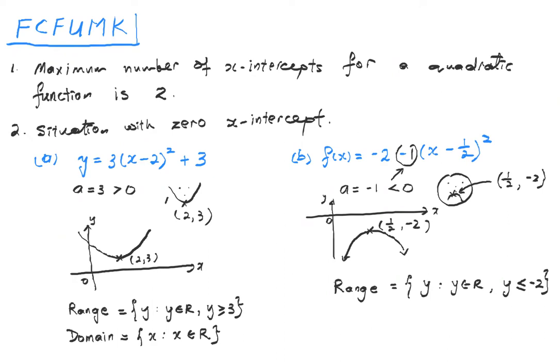So this is called the range, the possible values for the dependent variable. Domain, because it's a polynomial, is understood: the manipulated variable can take any value as long as it is real. So remember, this symbol R means real value.